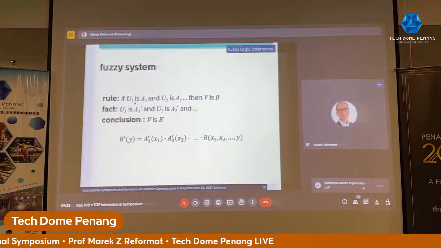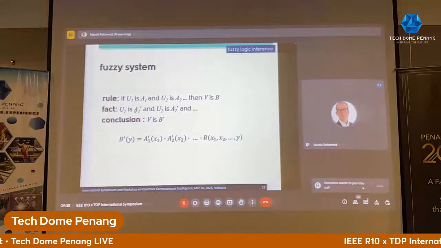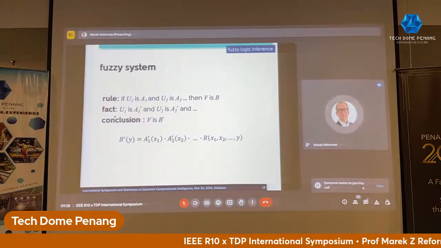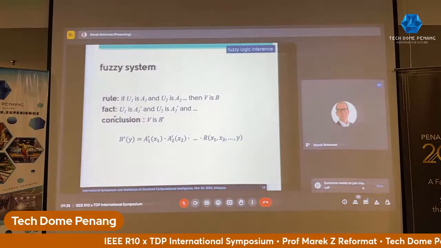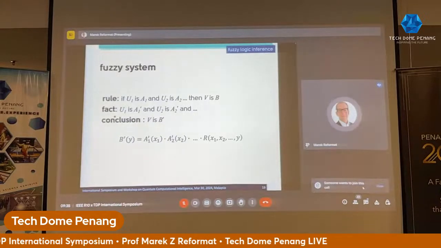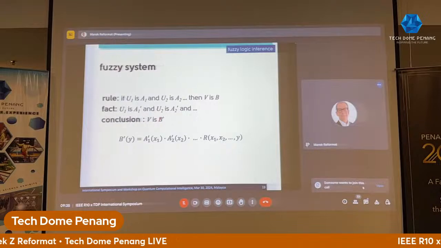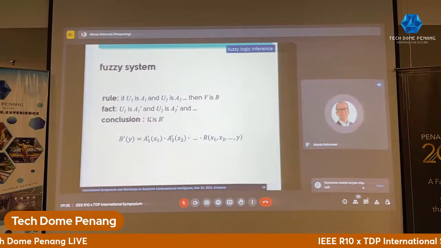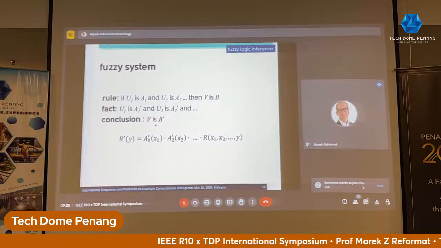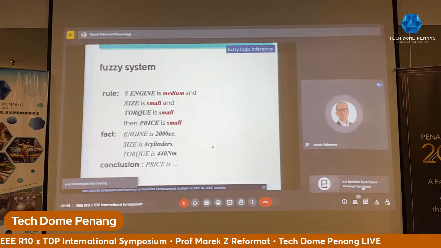For example, if the age of the car is new, then the price is high. We can have a number of these rules, and then we have some fact. For example, we say the car is 2 years old. What we do in this case is try to infer some conclusion based on the definition we have of the fuzzy set. This is how it is done, but I will just show you the example.